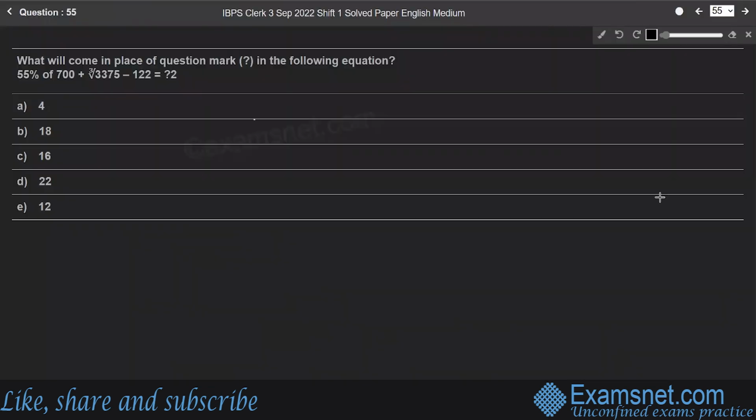Question 55. What will come in place of question mark in the following equation? 55% of 700 plus cube root of 3375 minus, it is 12 square, not 122, it is 12 square, is equal to x square.